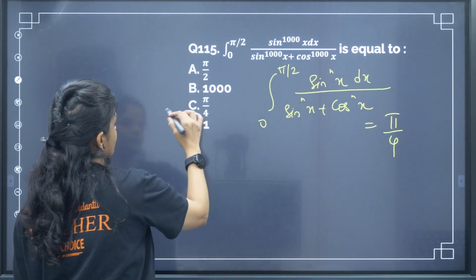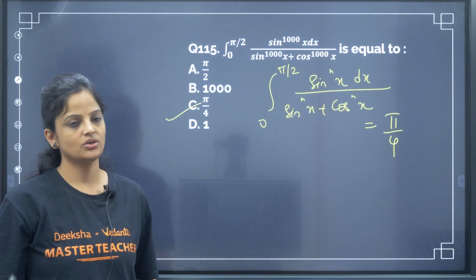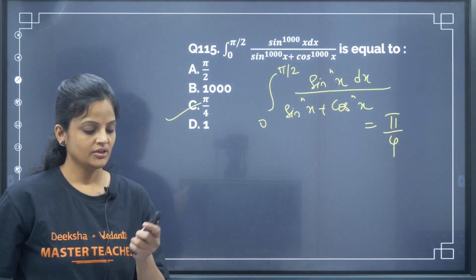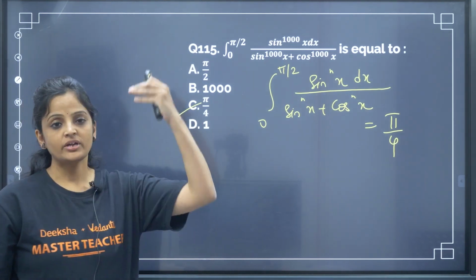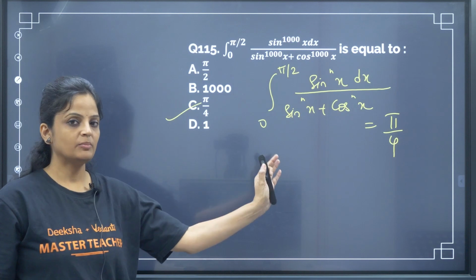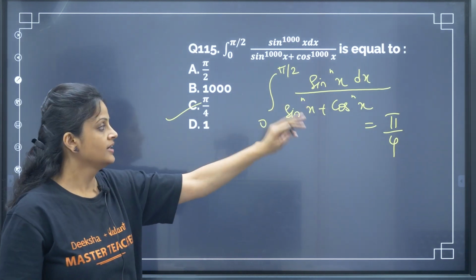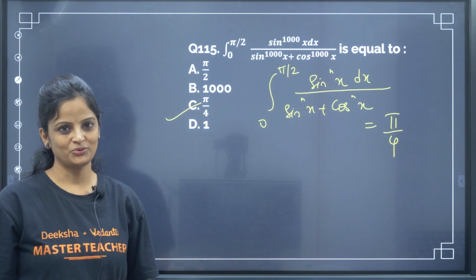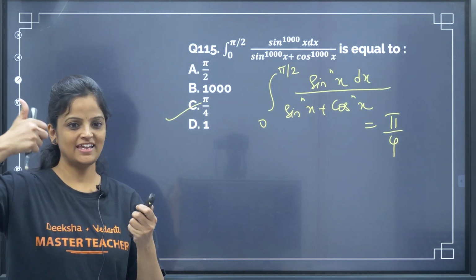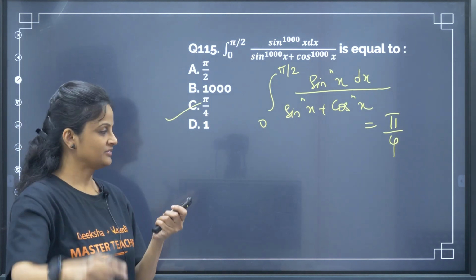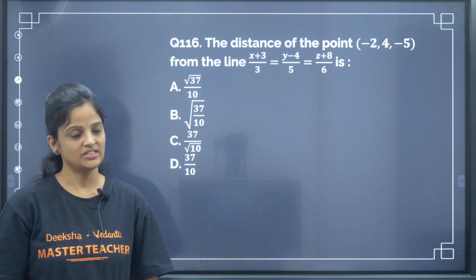Check where is pi by 4 and click it. That's it you have to do. So it is a standard result, you don't have to do anything. I don't have to explain how you are getting that. Remember, whenever the powers are the same in numerator and denominator with a sine and cos term, then the answer will be pi by 4. Will you remember this? Yes? Don't forget.